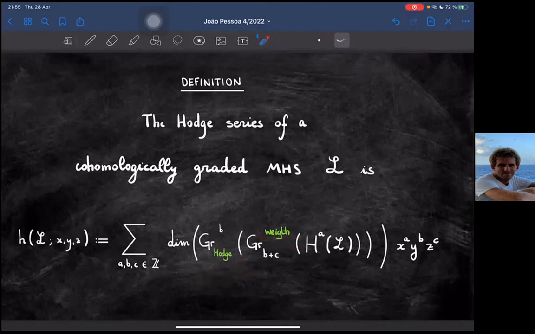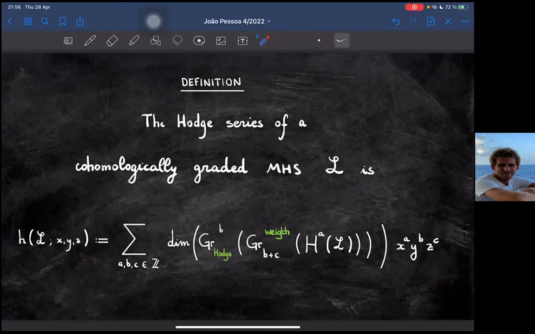So you can build a power series where there are a bunch of variables x, y, z. There is a cohomological degree, which is taken care of by the first variable, and then the other two variables encode the various pieces of the two filtrations. So you have such a generating function. Sorry, power series H.